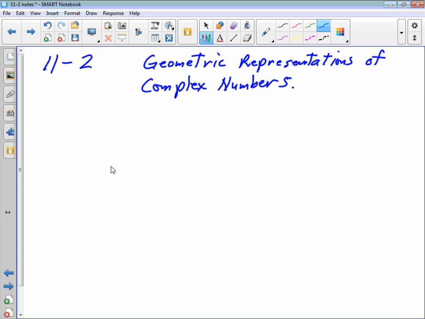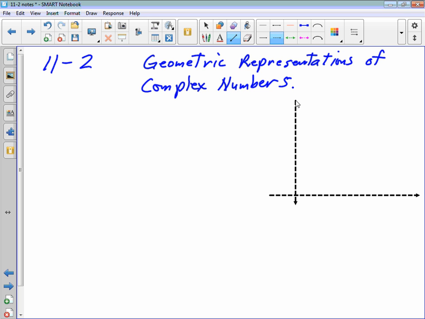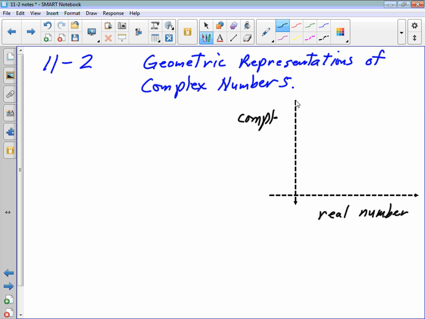We have seen the complex axis before, and this is the real number axis. This is the complex axis.